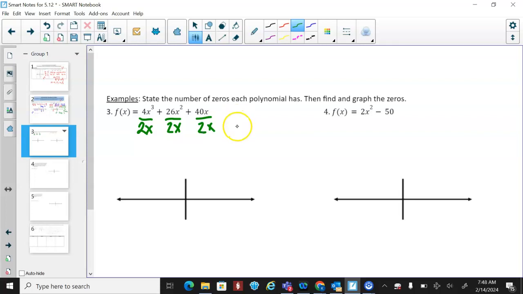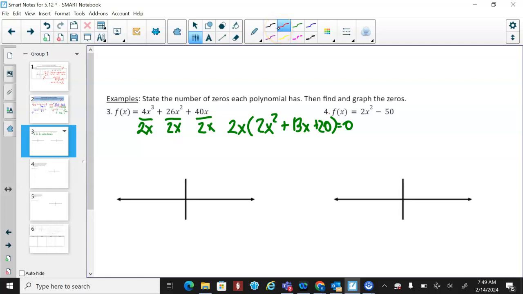So if I take this out, my new function is going to be 2x times, now what's left? 2x squared here, because I'm taking 1x away, plus 13x, and then plus 20. All right, now this is more suitable.